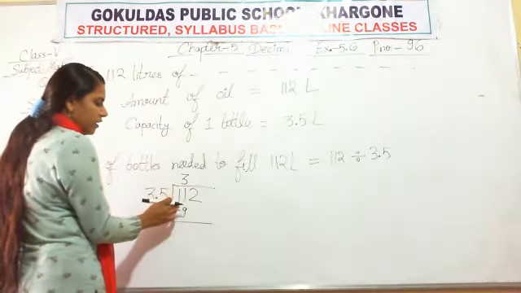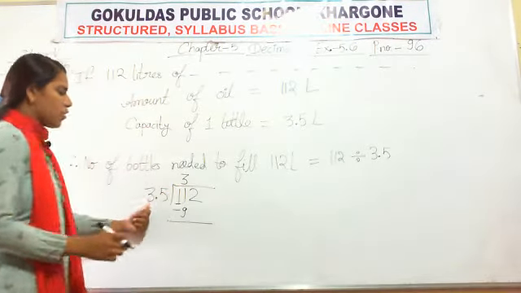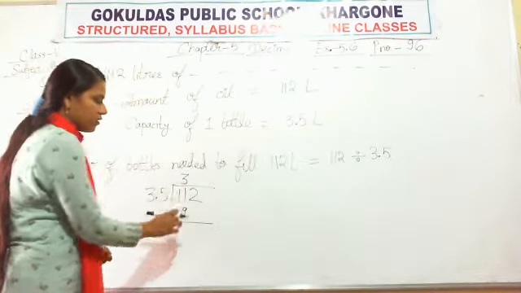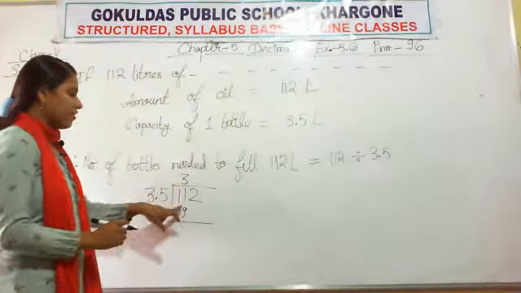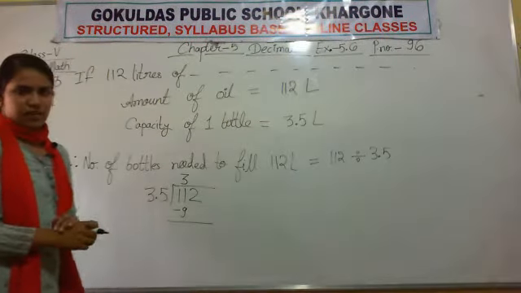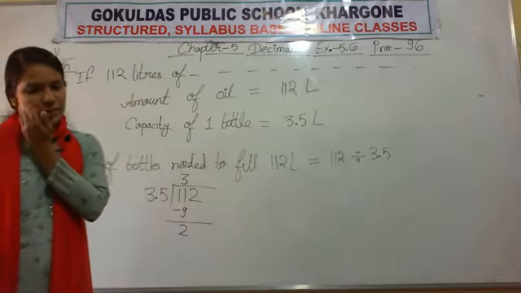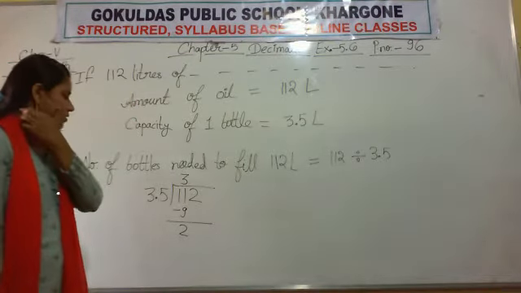If I take only one digit, it is 1. 1 is smaller than 3, so we cannot divide. So we need to take 2 digits. 3 threes are 9. 11 minus 9 gives 2 as the result.